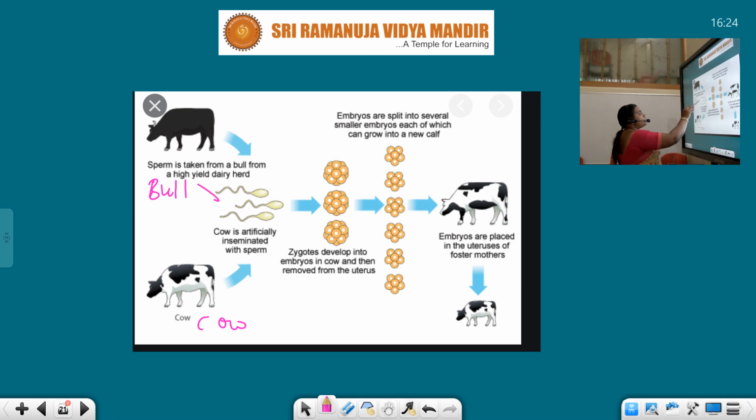The artificial embryos are split into several smaller embryos, each of which can grow into a new calf. The zygote develops into an embryo in the cow and is then removed from the uterus. Then the embryos are placed in the uterus of the foster mother.